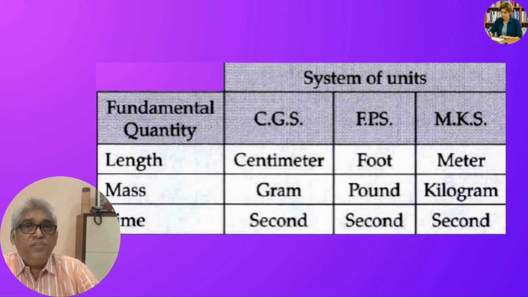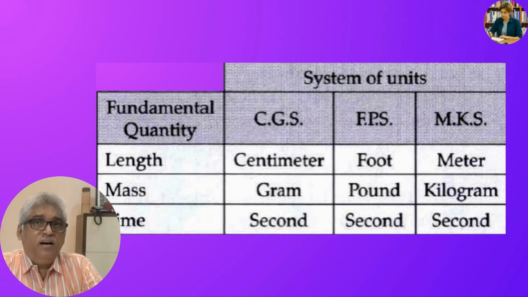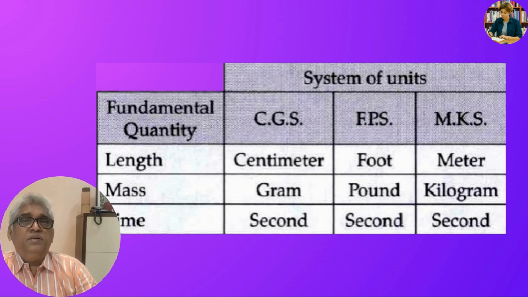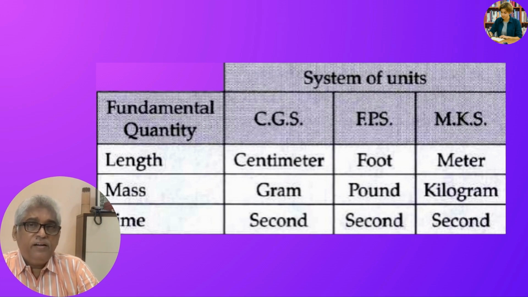Initially, only 3 units for 3 physical quantities were used: length, mass and time. But soon scientists realized that other physical quantities you cannot express with these 3 basic units, and you need some more units, otherwise you cannot describe that physical quantity completely.